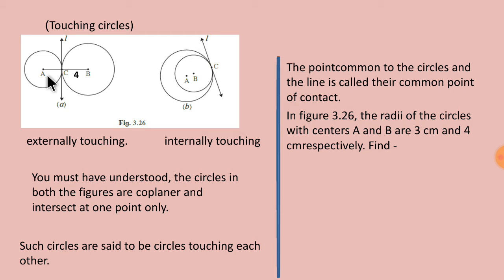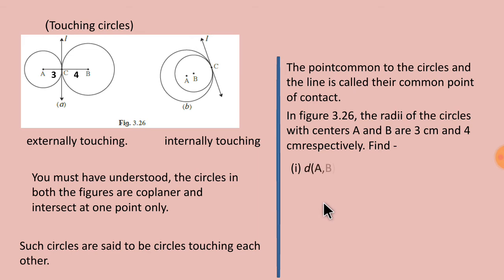Now we have to find out the distance between their centers. Means या लहान वर्तुळाचा A हा केंद्रबिंदू आहे आणि ह्या मोठ्या वर्तुळाचा B हा केंद्रबिंदू आहे. आपल्याला या दोन केंद्रबिंदूमधील अंतर काढायचं आहे. Now we have to find out the distance between centers of these touching circles.